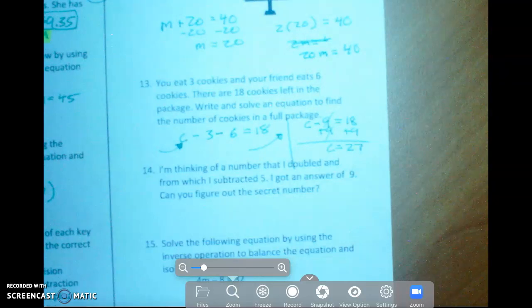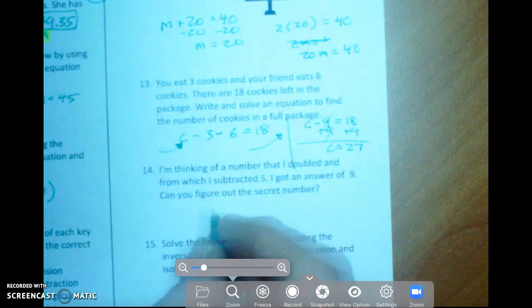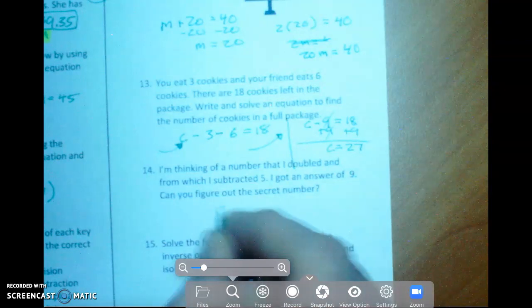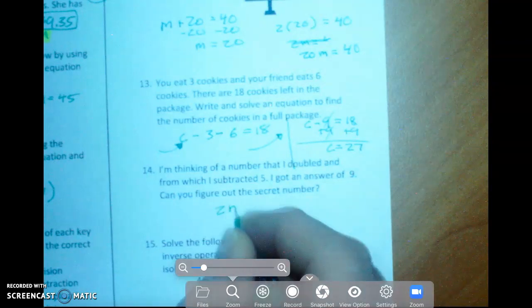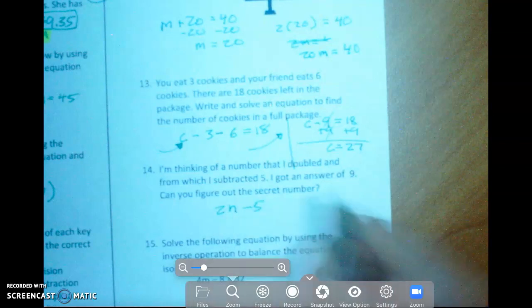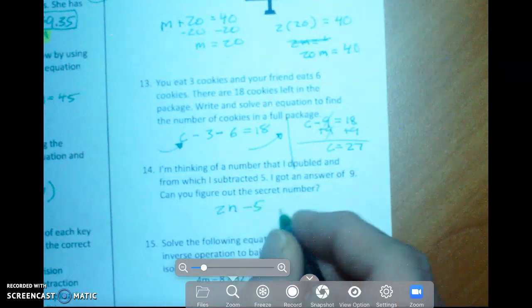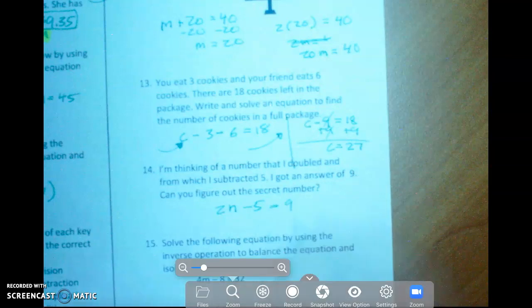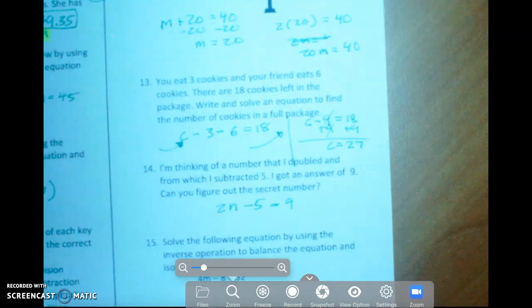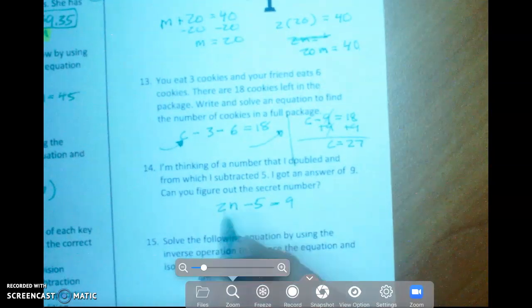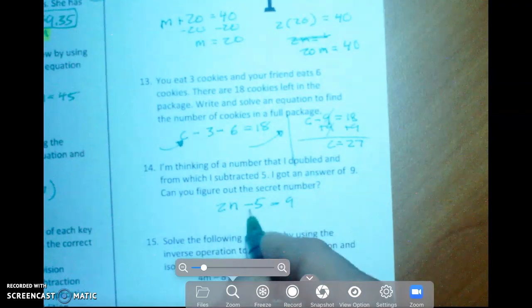I'm thinking of a number that I doubled and from which I subtracted 5. So I'm going to say 2 times some number, and I subtracted 5, and I got an answer of 9. Can you figure out what the secret number is? Well, let's double check this. I doubled a number, I subtracted 5, I got 9. So let's add 5 to both sides.